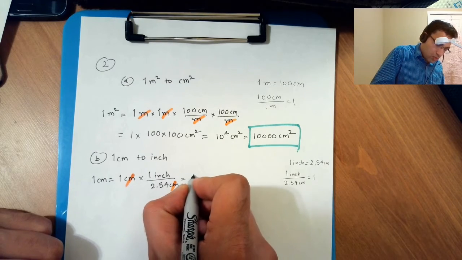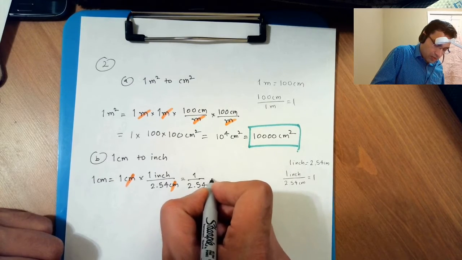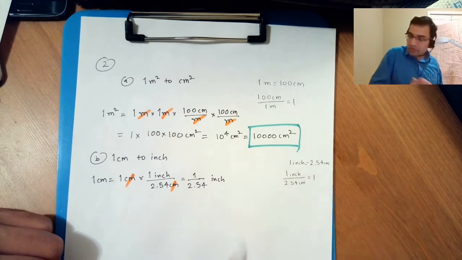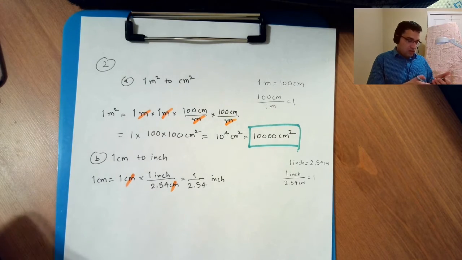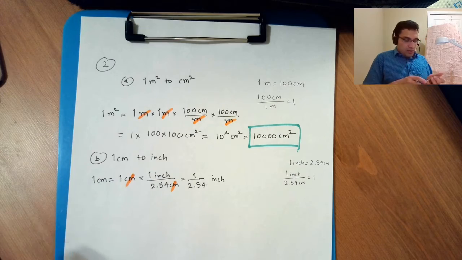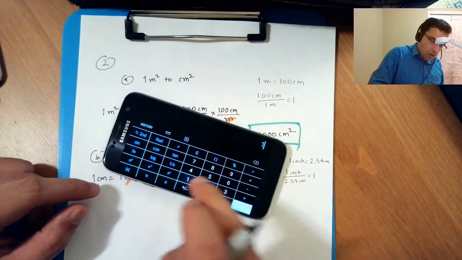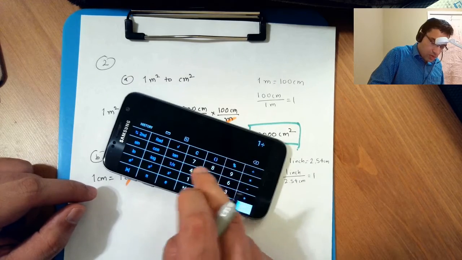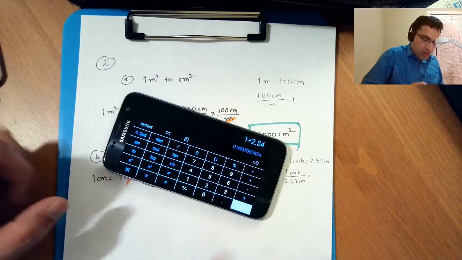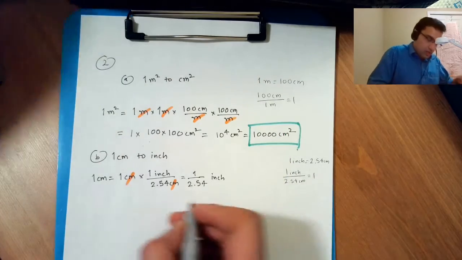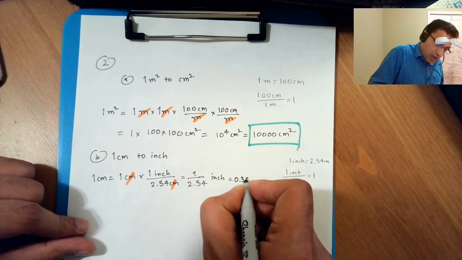So this is 1 divided by 2.54 inch, which is 1 divided by 2.54, which is 0.39. So that equals 0.39 inch.